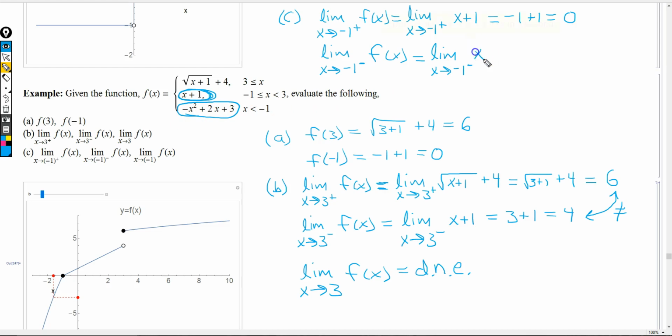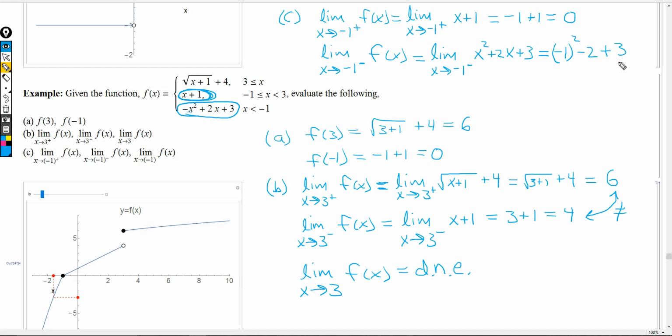So that's going to be negative x squared plus 2x plus 3. Now I can just plug -1 in for the x's here, because this is a polynomial, a nice well-behaved function. Minus 2, 2 times -1 is minus 2, plus 3.